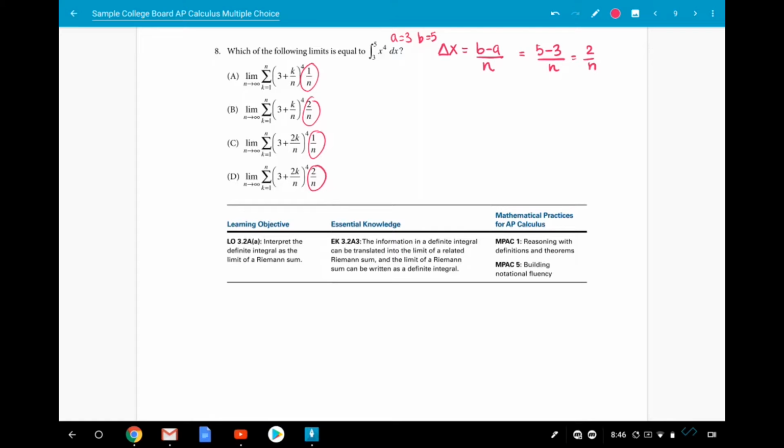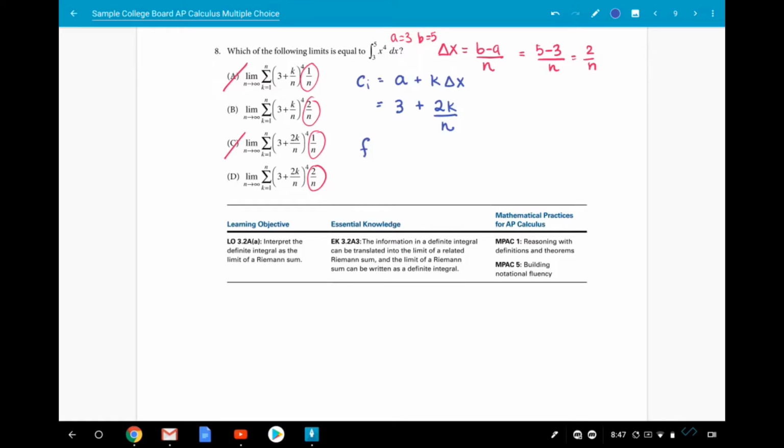At this point, you'll most likely be able to cross out two of these, which are A and C. So it's got to be either B or D. Let's go a little further and figure out how to answer the rest. You are going to find c sub i, which is a plus k times the change in x. Your a is 3, plus k times 2 over n, so it's 2k over n.